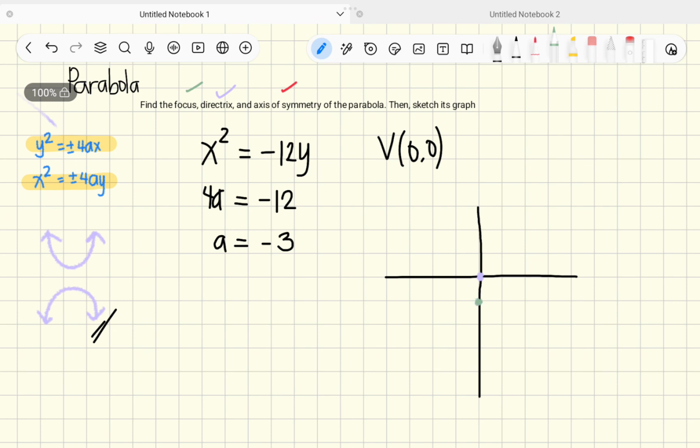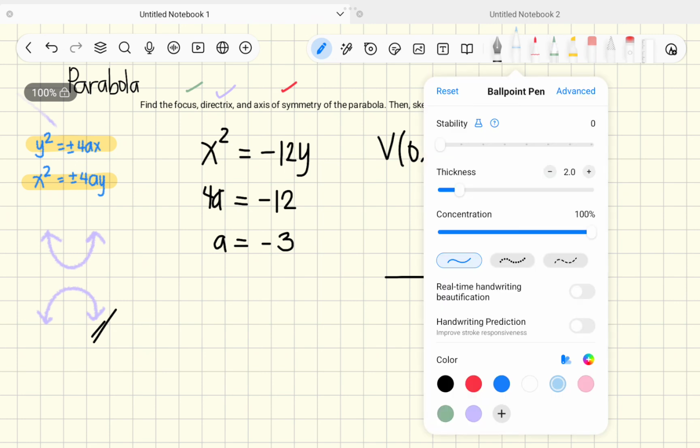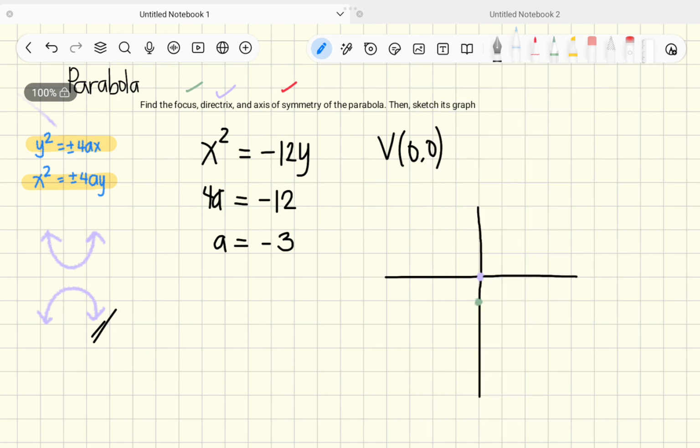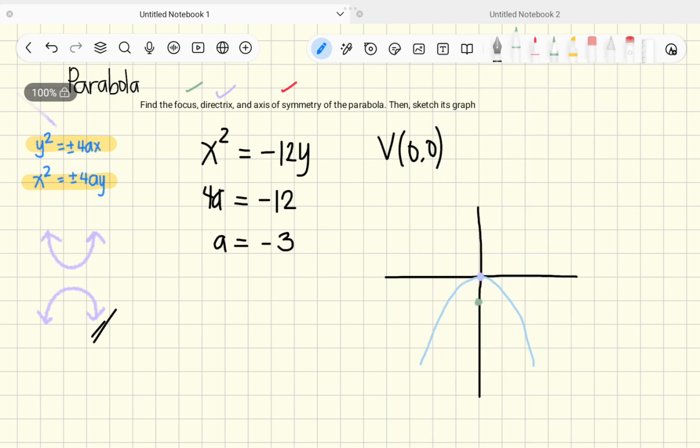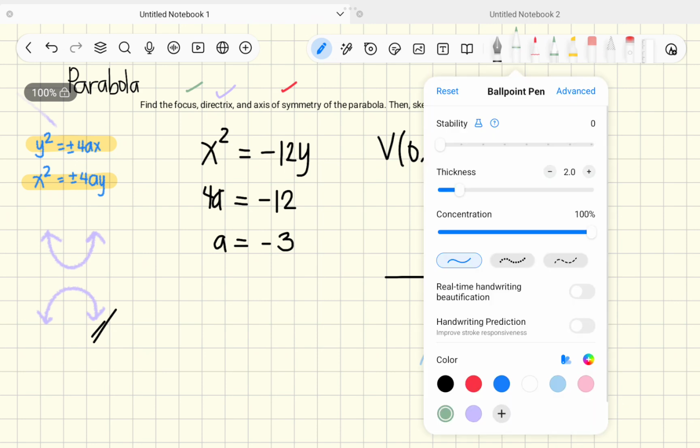Now what will be the coordinates? Okay, now let's trace the curve. So your parabola will be facing down. What will be the coordinates of your focus? It is along which axis?